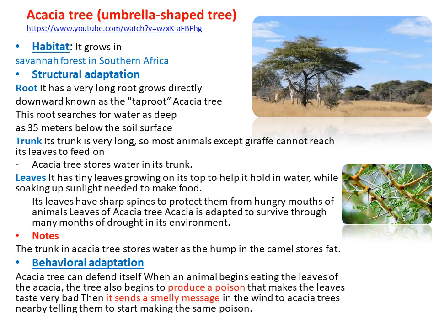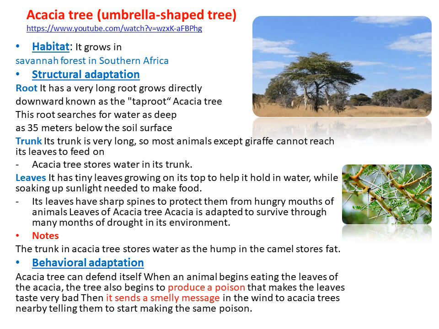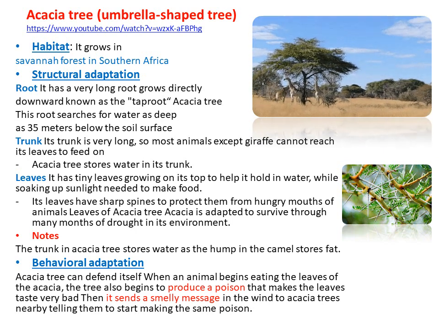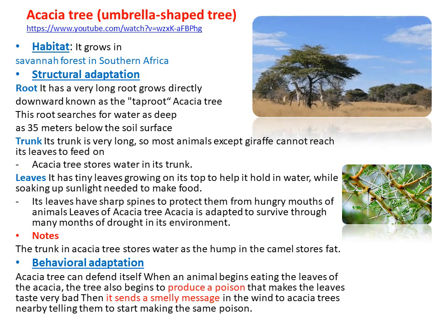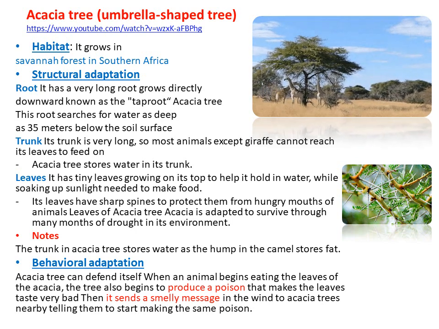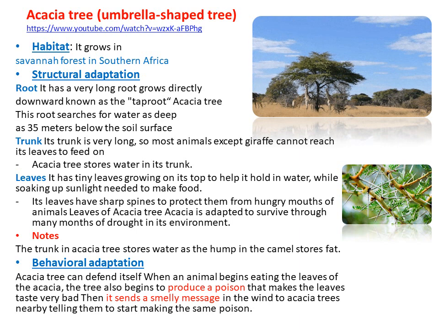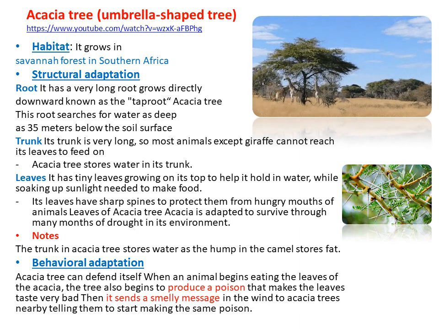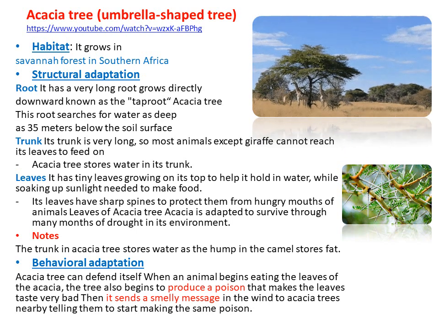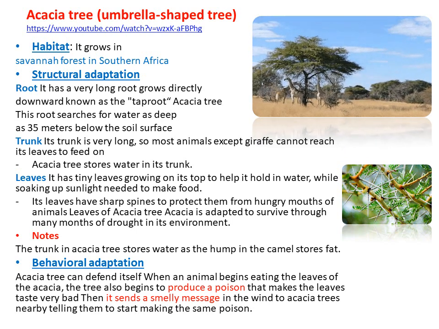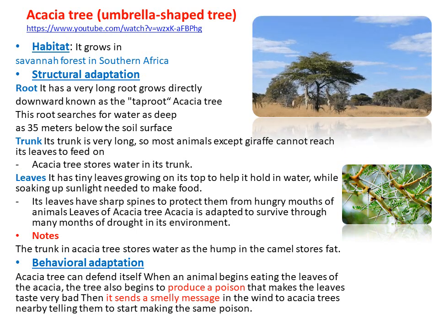So what is the structural adaptation in the acacia tree? It has different types of roots. It has very long roots that grow directly downward, known as the taproot. This root reaches for water as deep as 35 meters below the soil surface.